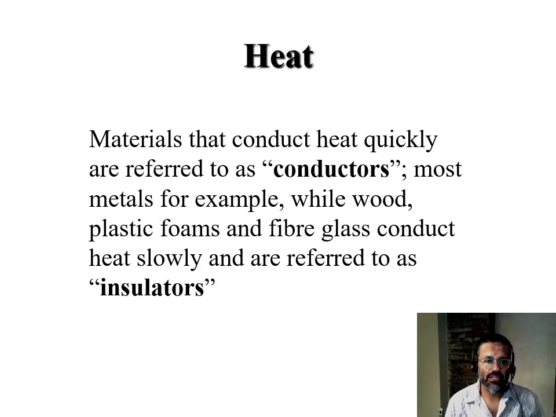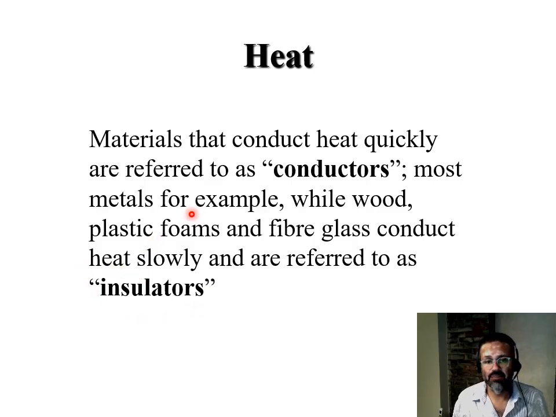Materials that transfer heat quickly we refer to as conductors, and materials that transfer heat slowly we think of as insulators. Metals, for example, are really good conductors, while wood, plastic foams and fiberglass can be insulators.